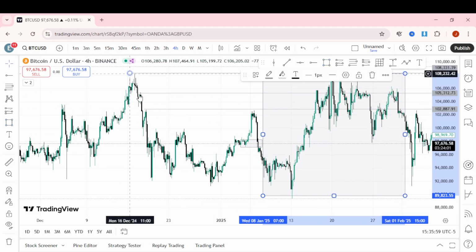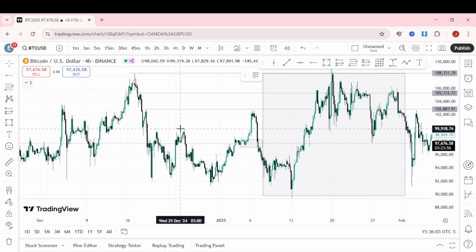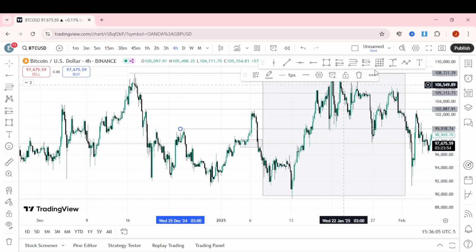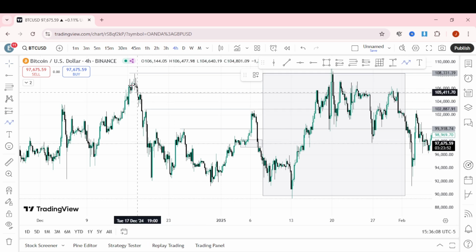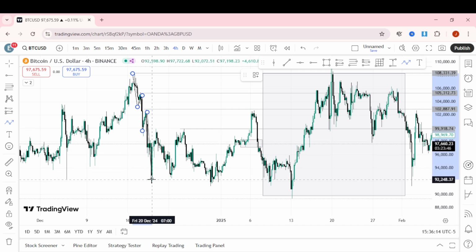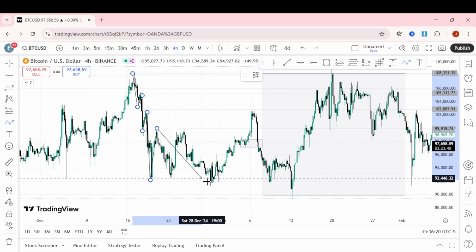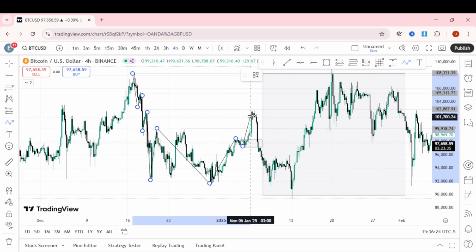So price came all the way down. This was a sell stop because, let me give you guys a pattern. Price came down, went up, came down, went up, came down, and broke the structure.